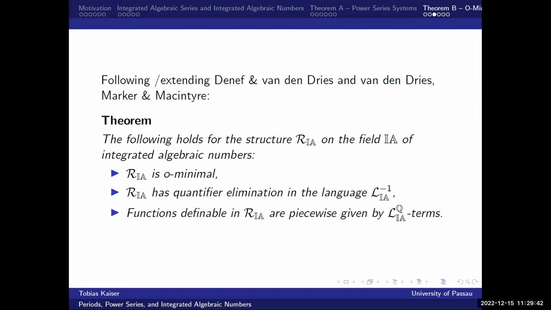And functions definable in this structure are piecewise given by terms in this bigger language. So the definable functions are piecewise, more or less, compositions of polynomials, restricted integrated algebraic functions, and powers with rational exponents.